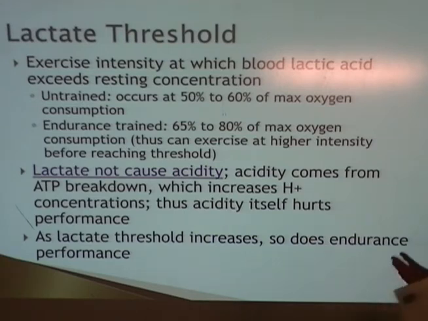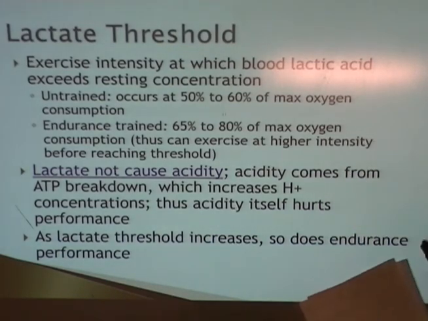So the reason that we typically use VO2 max, not lactate threshold, is that lactate threshold involves a blood draw, which is not manageable out on the field. There's all kinds of permissions and rules to follow about blood draws, and it all gets very messy and complicated, right? So for untrained people or low active people, their lactate threshold typically occurs somewhere around 50 to 60% of their max oxygen consumption, their VO2 max.